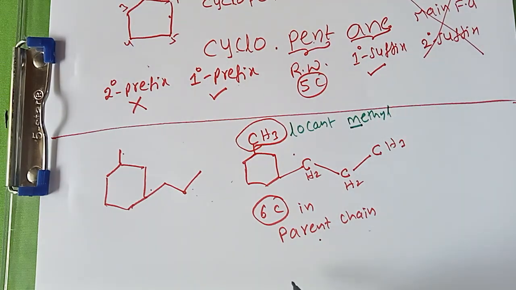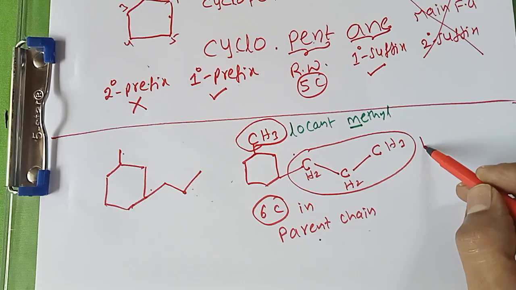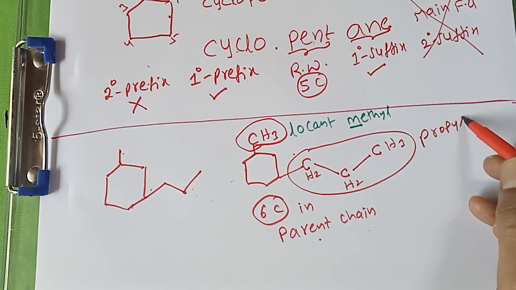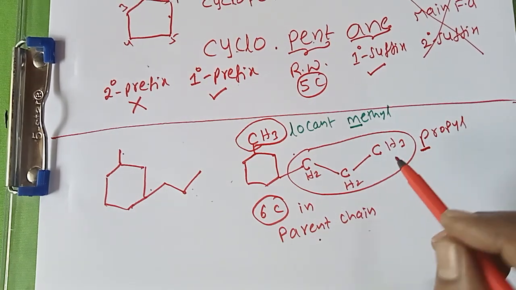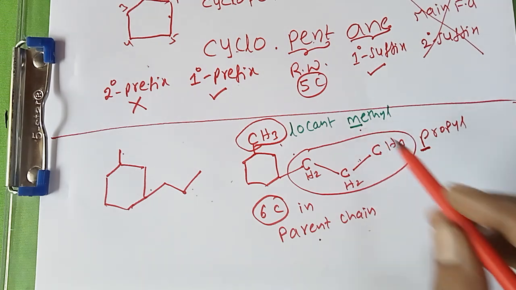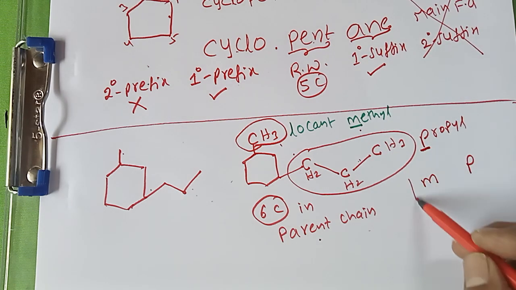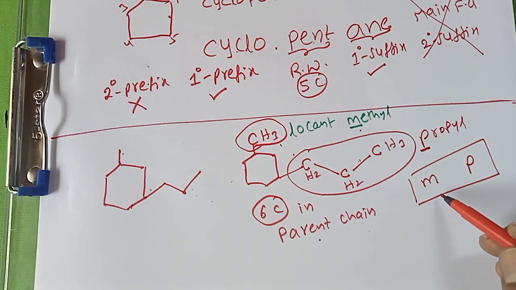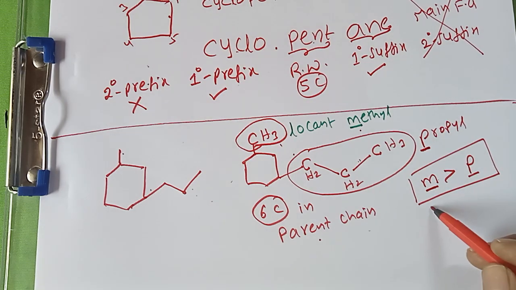Methyl, first letter you write down M. Then next this locant name, propyl. Propyl, first letter P. So now here you follow, both are alkyl groups only. Here you follow the alphabetical order. So M and P, which comes first alphabetically in ABCD? A B C D F G H I K M N O P. So M first. So M is the more priority. According to which order?